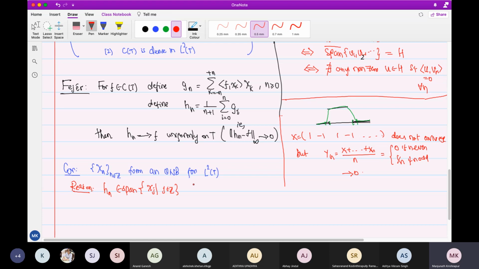So Hn belongs to this, and for f in C of t, the L2 norm of Hn minus f is bounded by the infinity norm of Hn minus f, which goes to 0. And so for f in C of t, it works.